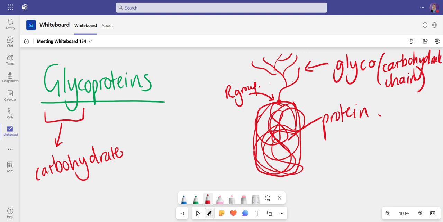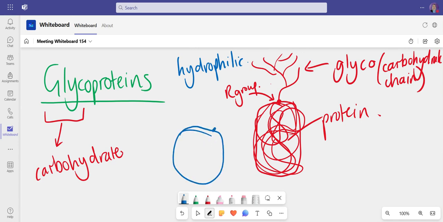But one of the important things is about the property of them. These carbohydrate chains are actually hydrophilic, which means that they always move towards water. So if we had a cell, for example, we might have a protein in the cell membrane and it might have a little carbohydrate chain sticking out. So we've got a glycoprotein there and it'll always move to the outside of the cell and stick out because it's hydrophilic.